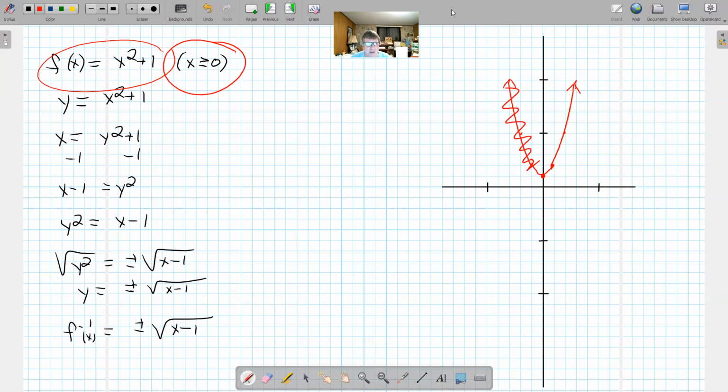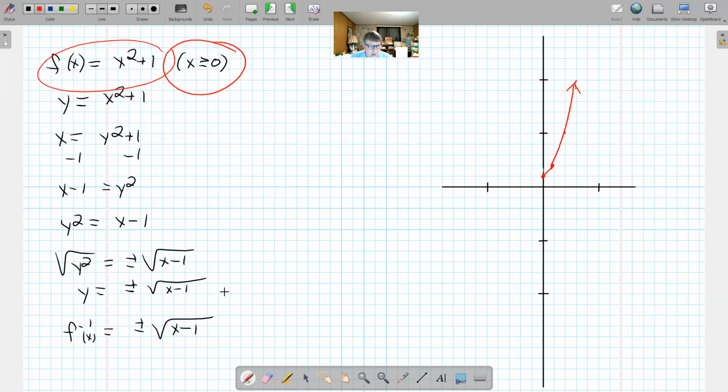Because over there, x would be less than 0. So we're going to get rid of that piece. Now, what we have is a one-to-one function.